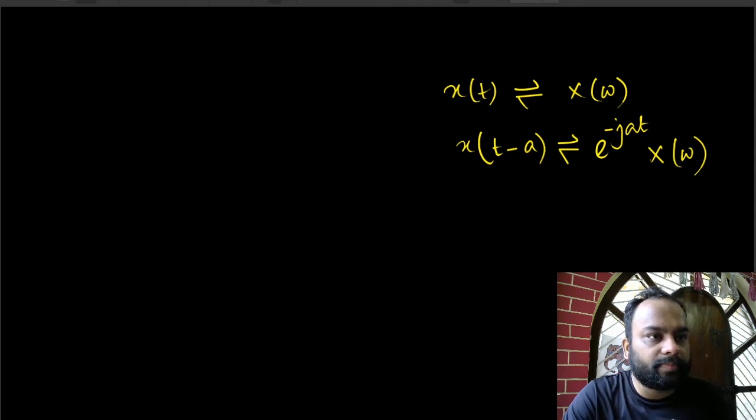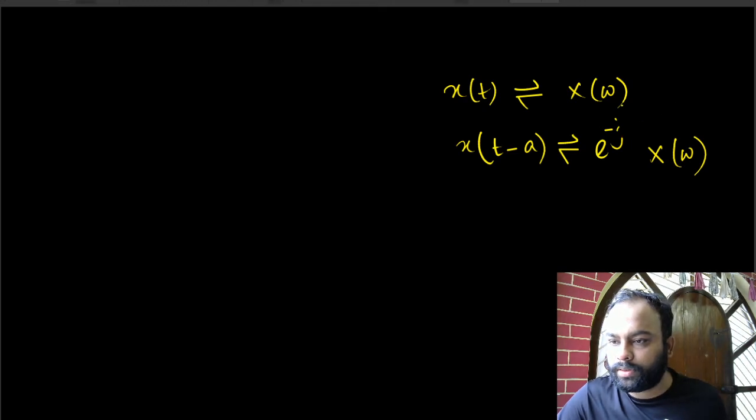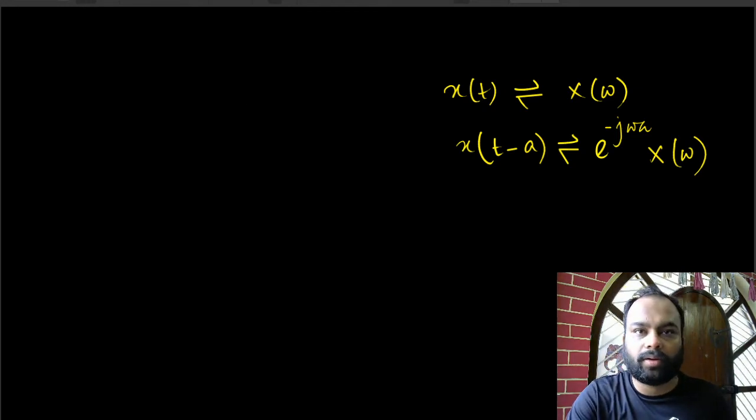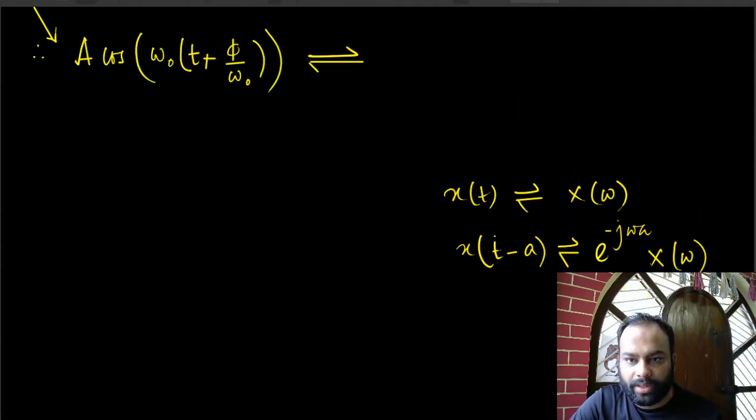Let's see that. Yeah, e to the power minus j omega a. All right, so we have this. That is the time shifting property.